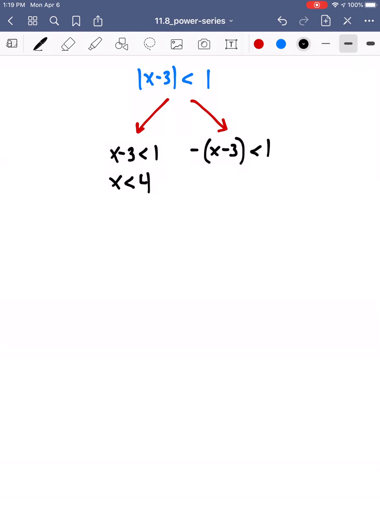And then we're looking at this, well, that has to be greater than minus 1. And that sign flips because we multiply both sides by minus 1. So we're really solving, in this case, x has to be greater than 2.